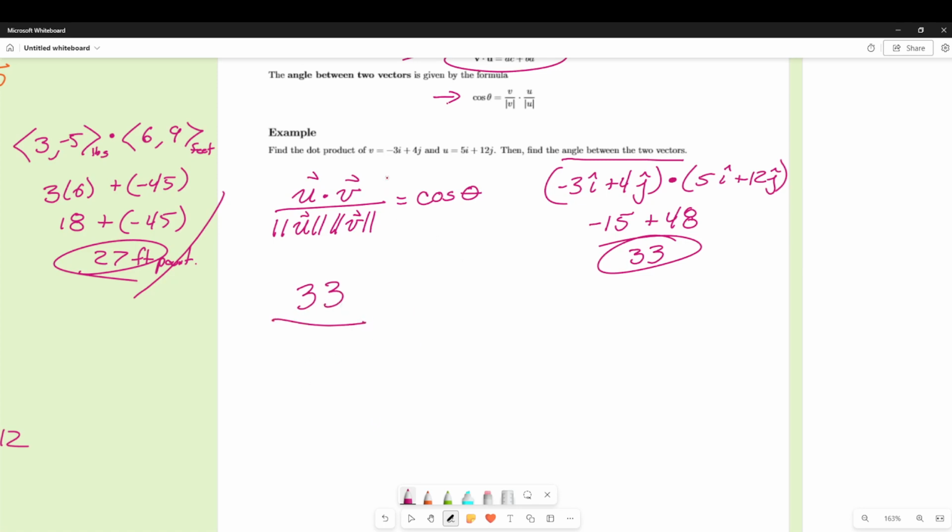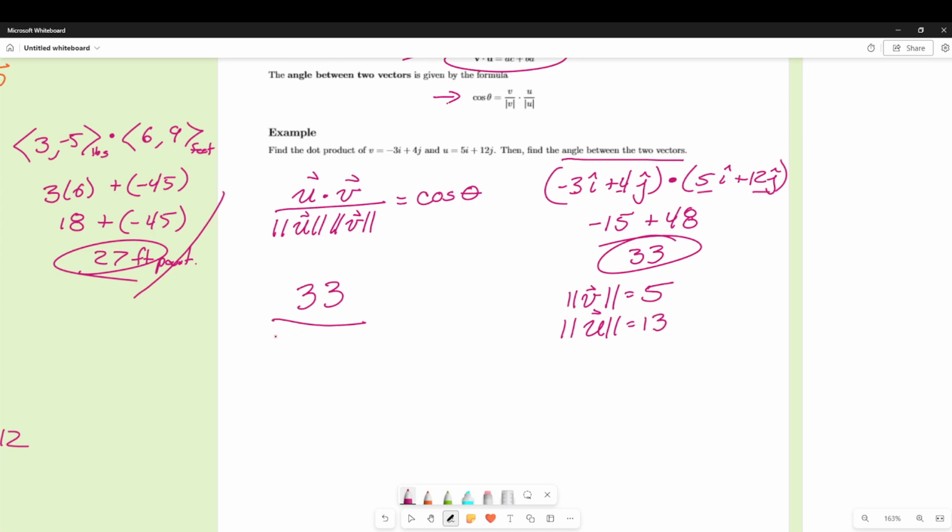And what is that in ratio to the product of the magnitudes? Well, we'd need the magnitudes. The magnitude of v, well, it's a 3, 4, 5 right triangle, so it's 5. The magnitude of u, well, that's our 5, 12, 13 triangle, so these are just trying to be nice here, 13.